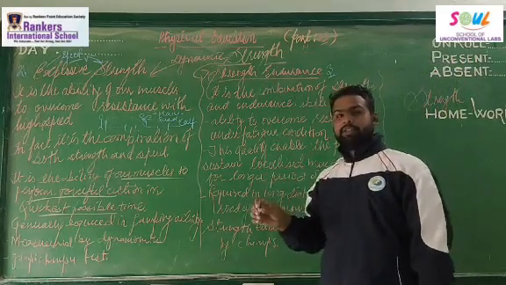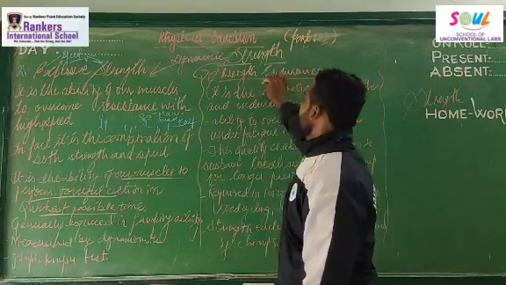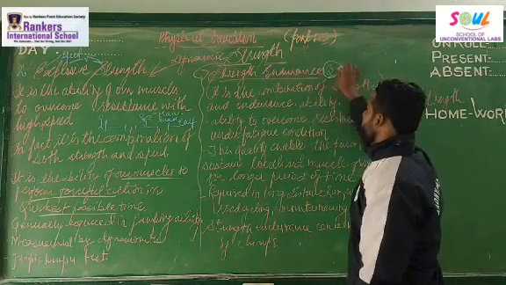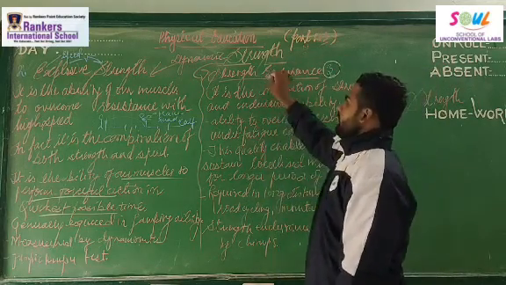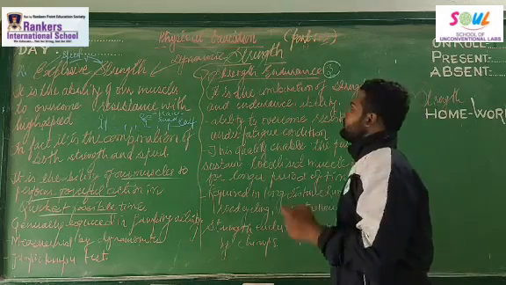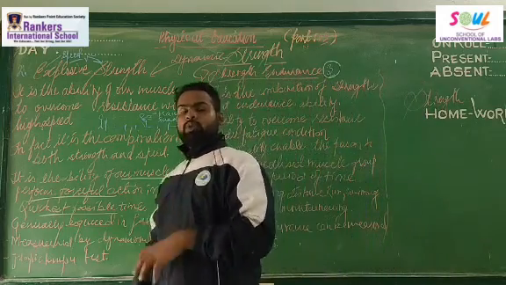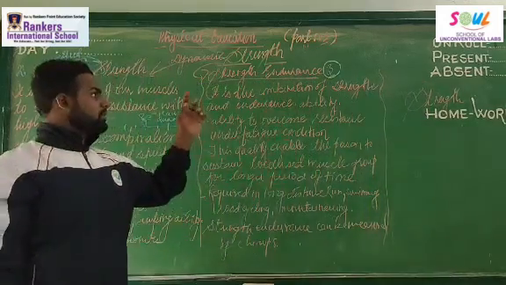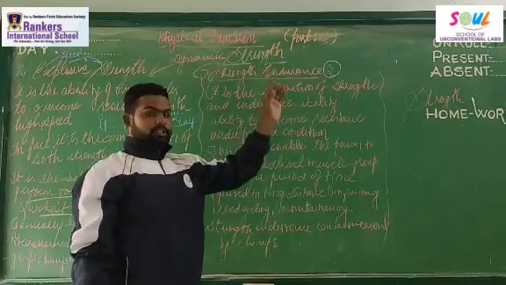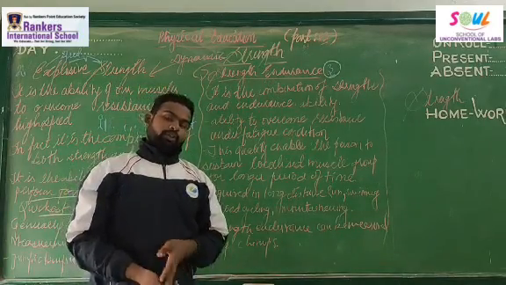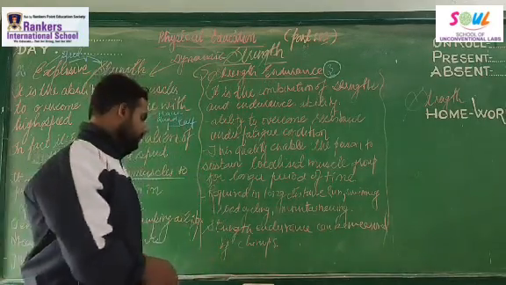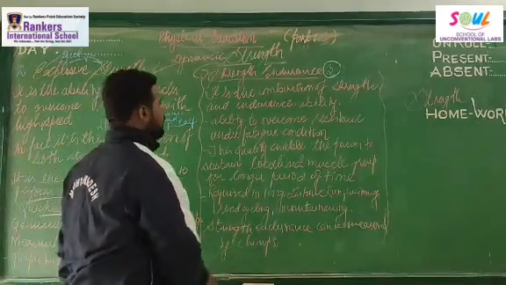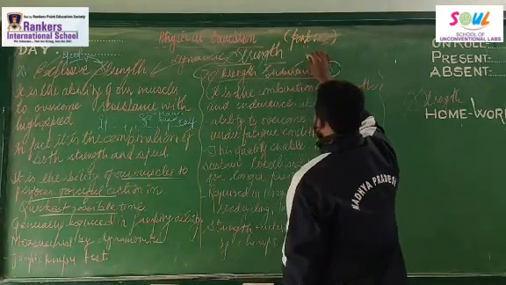Now let's come on to the division of PE. We are going to learn the third type of dynamic strength, and the name of this strength is strength endurance. Whenever we see strength endurance, it means it is the combination of strength as well as endurance. Now the point comes, what is endurance?